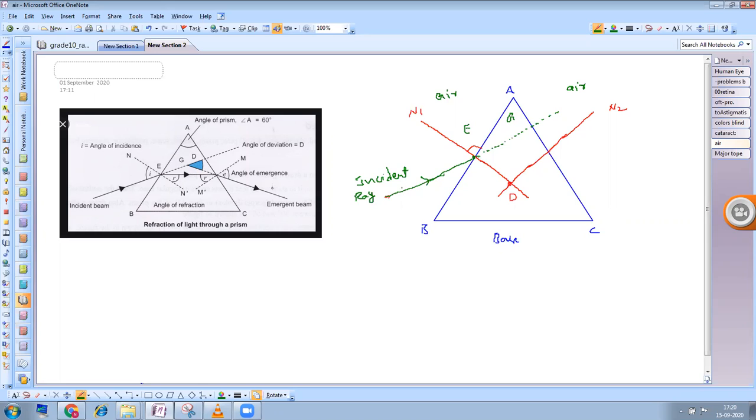So what will happen if the light ray enters from air to glass? See, ABC is completely glass. It is entering from air to glass. What will happen, guys? The ray will bend towards the normal or away from the normal?